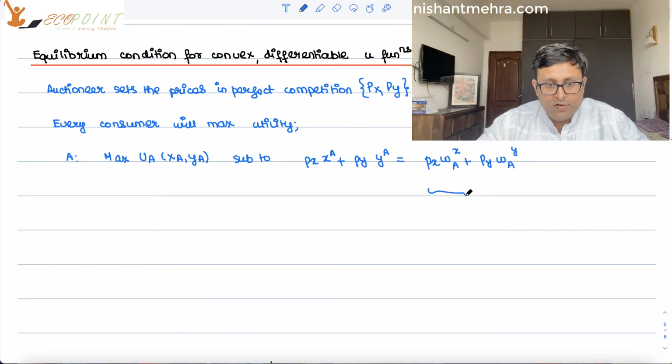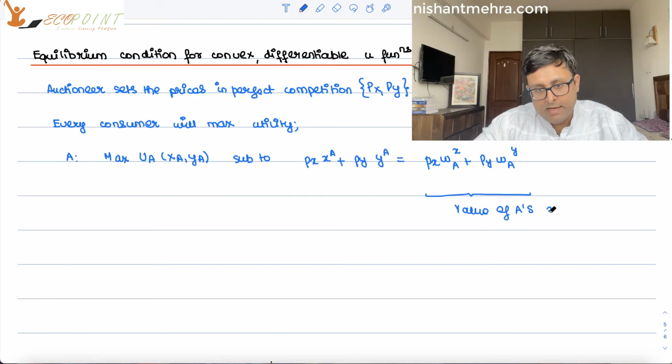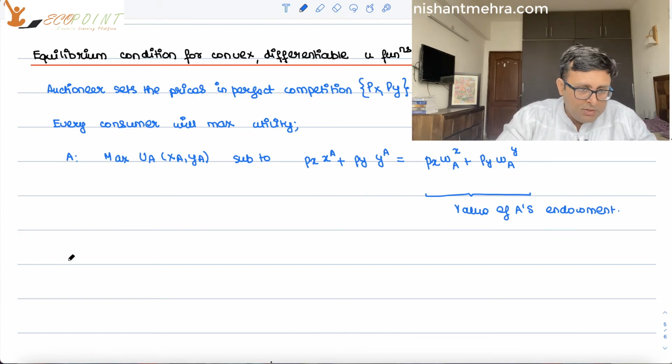So this is the value of A's endowment. That's what it is. Value of A's endowment.